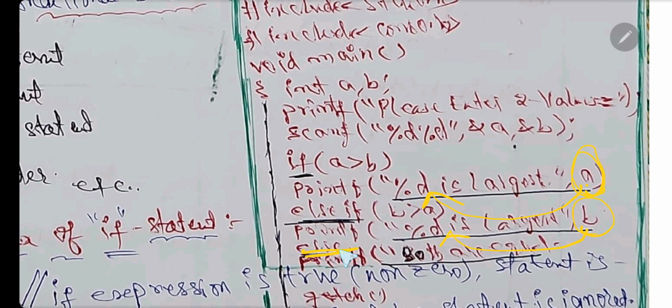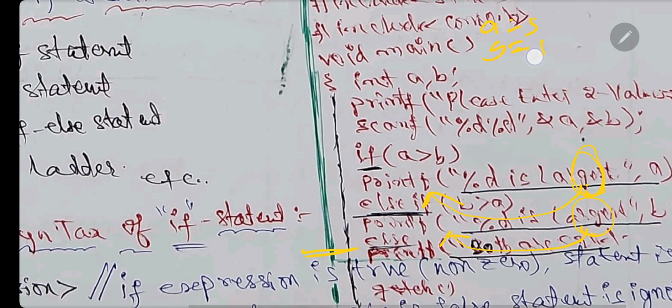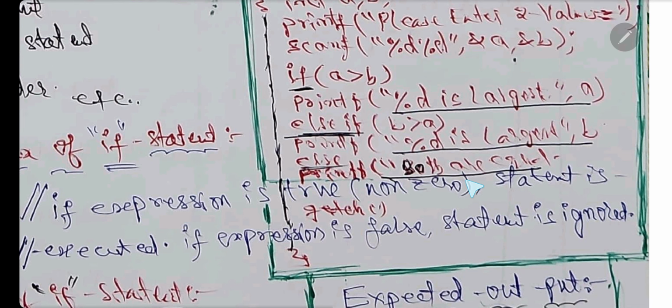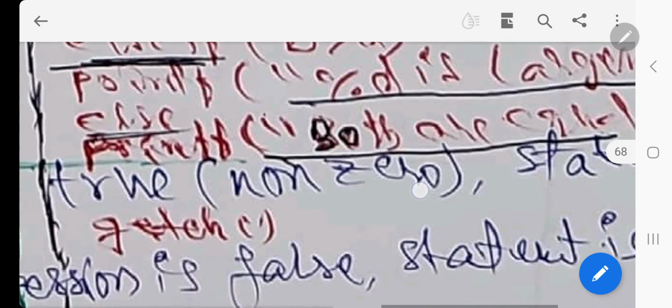Then lastly else: if both are equal, sometimes we can enter a value as 5 and b value as 5, then the third statement will be printed: both are equal.